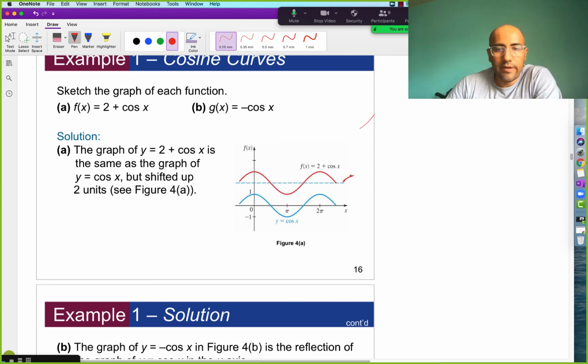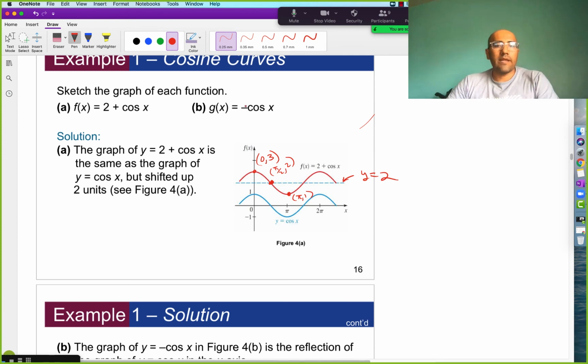So this line right here is the line y equals 2. Any questions? This point is pi comma 1. Good. This point is the point 0 comma 3. Good. This point is the point pi over 2 comma 2.